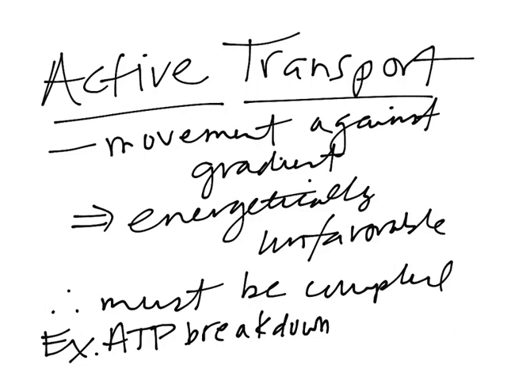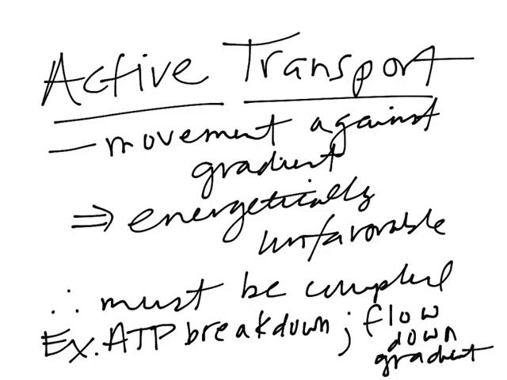So we could harvest some energy from ATP and use that to move a solute against its gradient. Or it could be flow of some other solute down its gradient. So if you have a solute moving from a region of high concentration to low concentration, that will reduce the chemical potential there, and that difference in energy can be harvested to move a separate solute against its gradient.